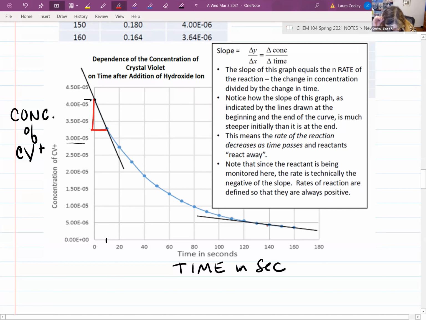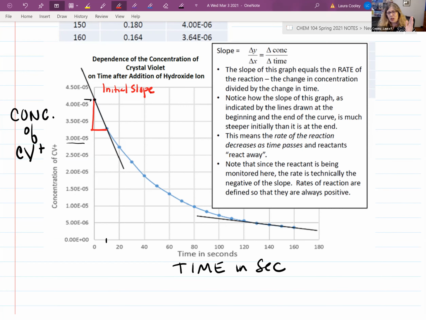And what you can see, I would call the initial slope. All right, if we had a linear graph, then the initial slope and the final slope would be precisely the same because that line has a single slope. But this is a curve. This is a curve that's showing the change in concentration with time.